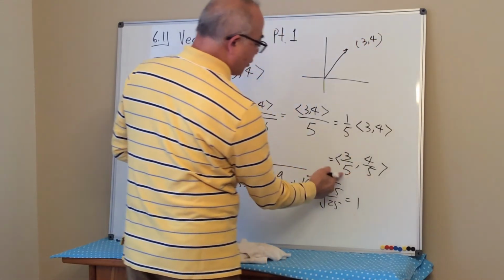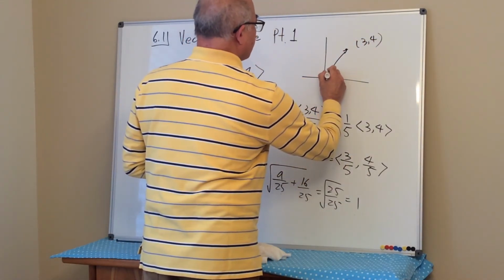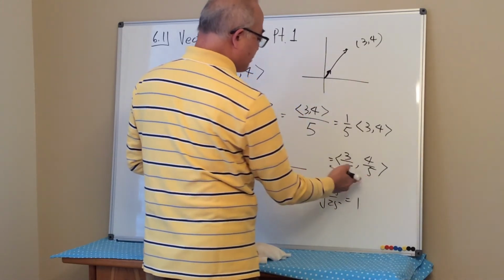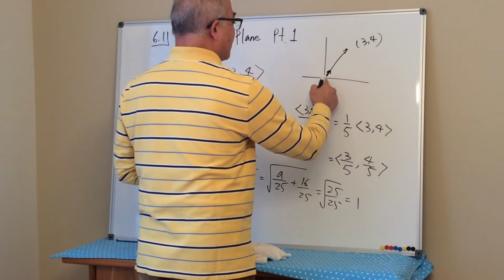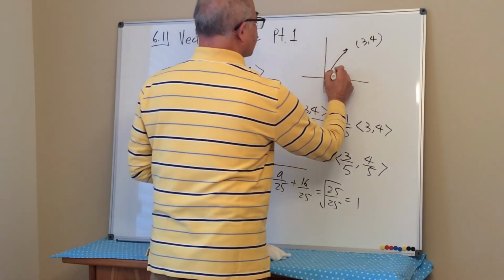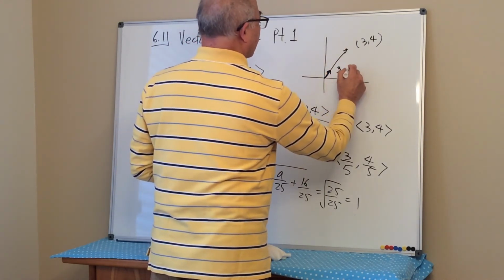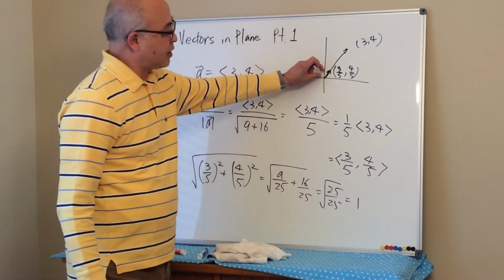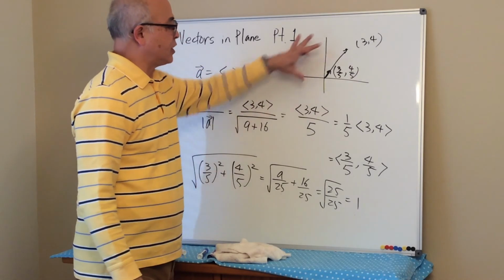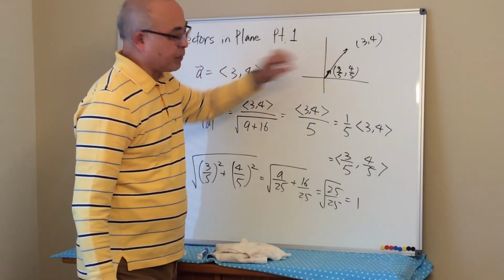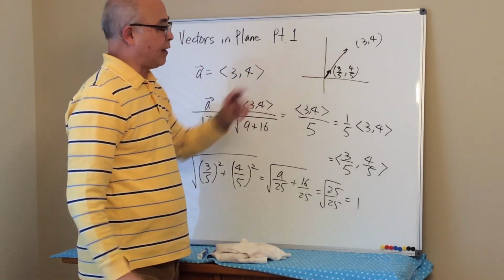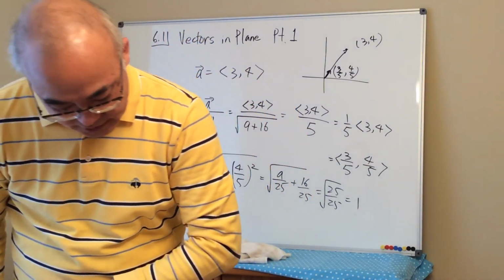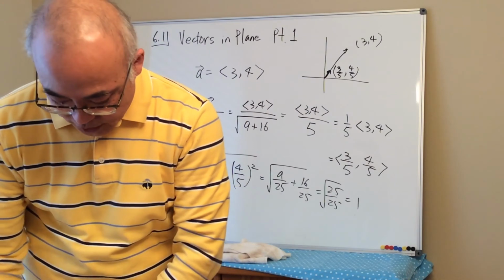Now I go to here, in the same direction, but I am just multiplying by 1/5, so it's 1/5 of this magnitude. This is the original one, and the unit vector becomes smaller like that. That's how unit vectors work.